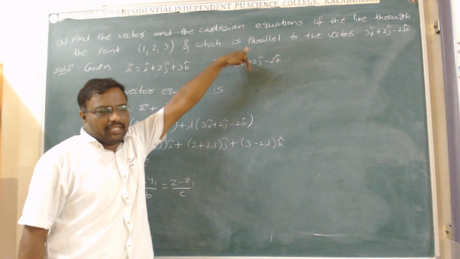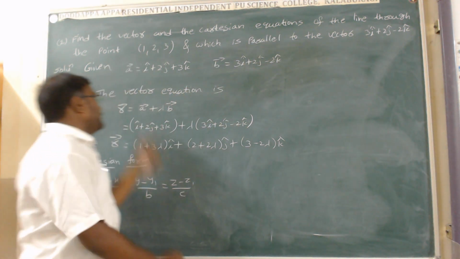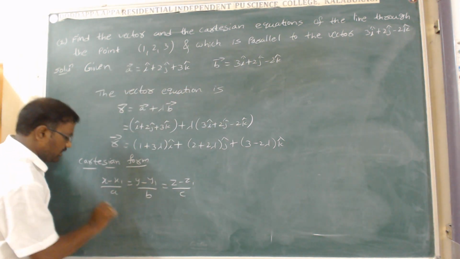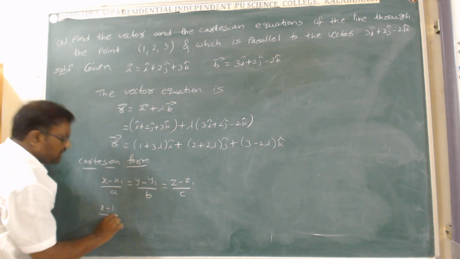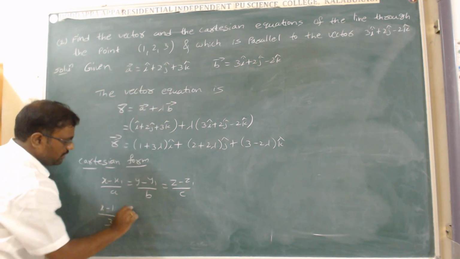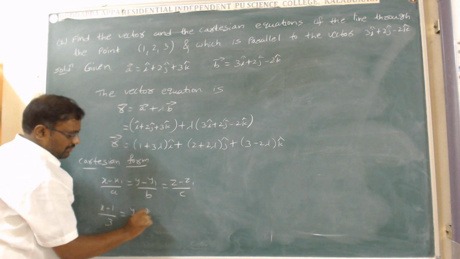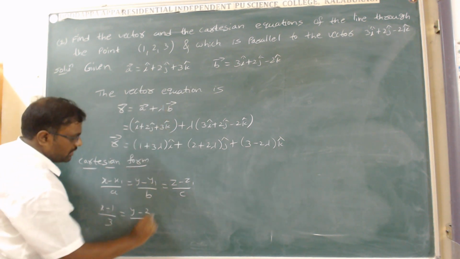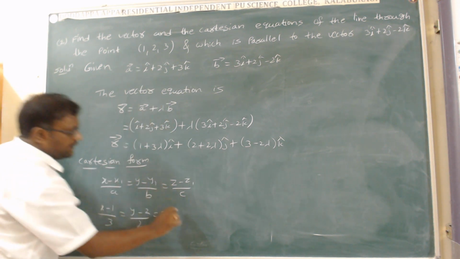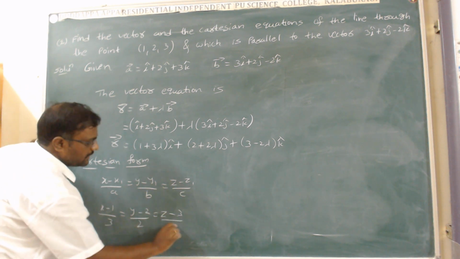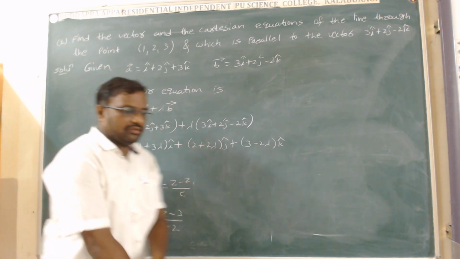Vector b means a i plus b j plus c k. So here x1 value is 1, a value is 3, y1 value is 2, b value is 2. z1 value is 3, c value is minus 2. Okay, right.